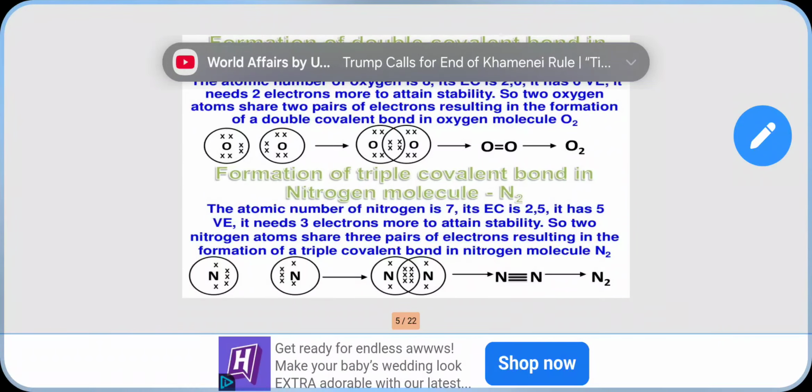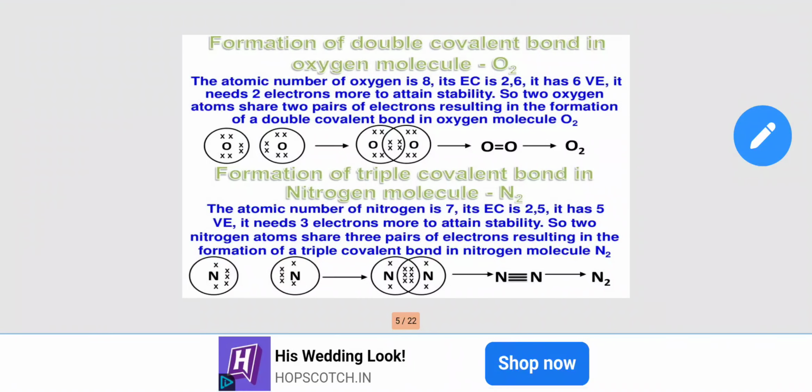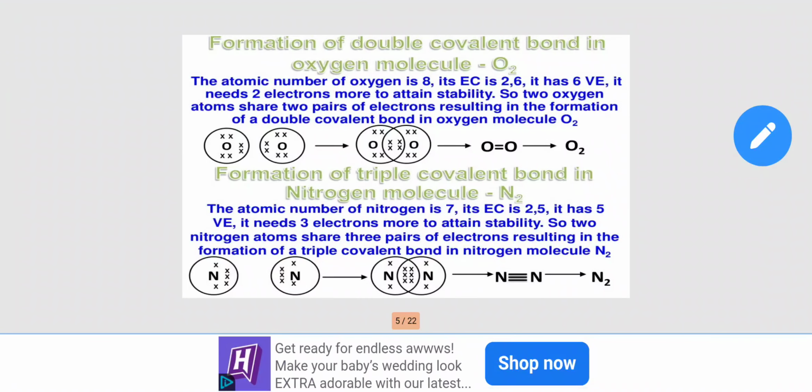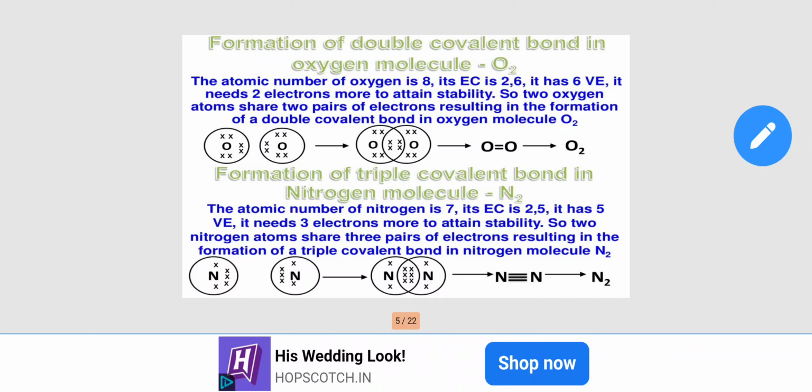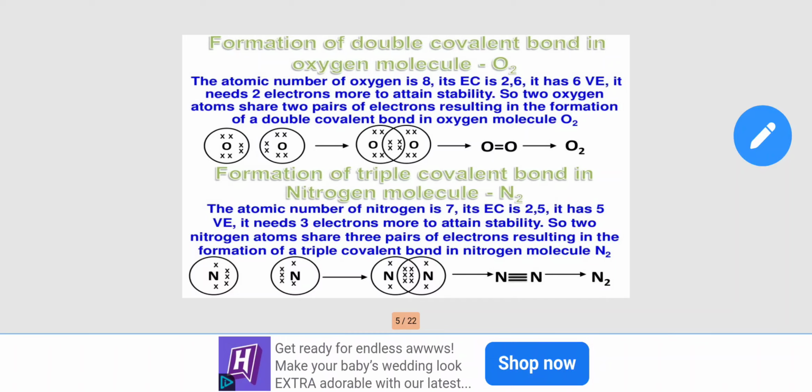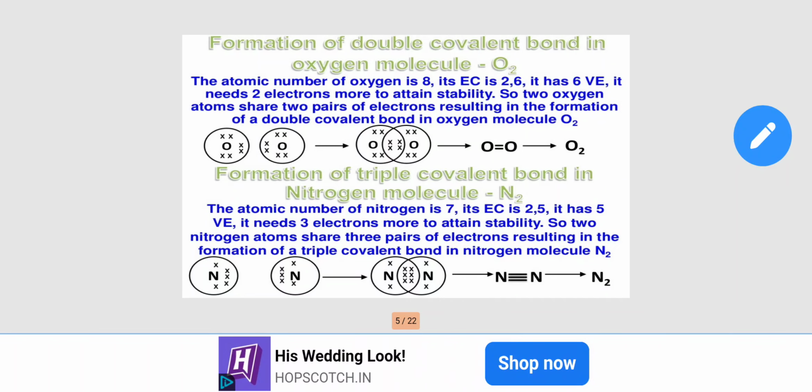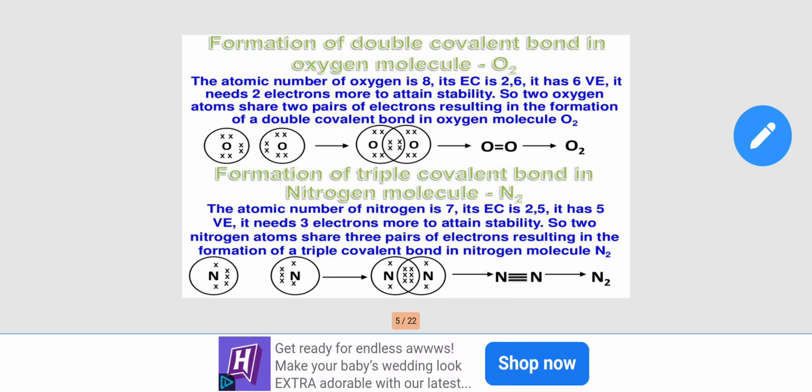It needs 2 more electrons to attain stability. So, two oxygen atoms share two pairs of electrons, resulting in the formation of a double covalent bond in the oxygen molecule, O2. You can see in this figure the formation of a triple bond, with the example of the N2 nitrogen molecule.